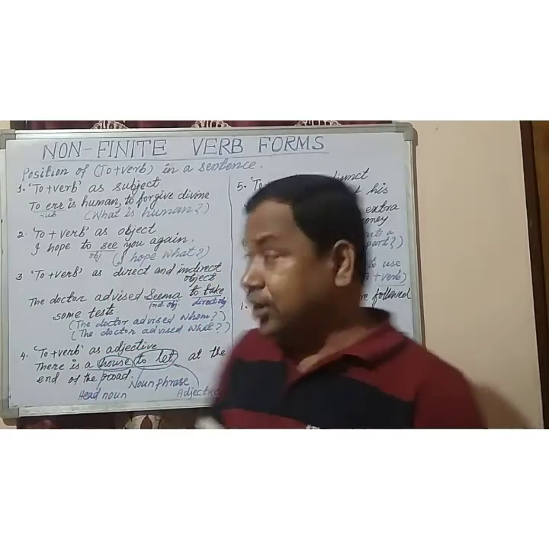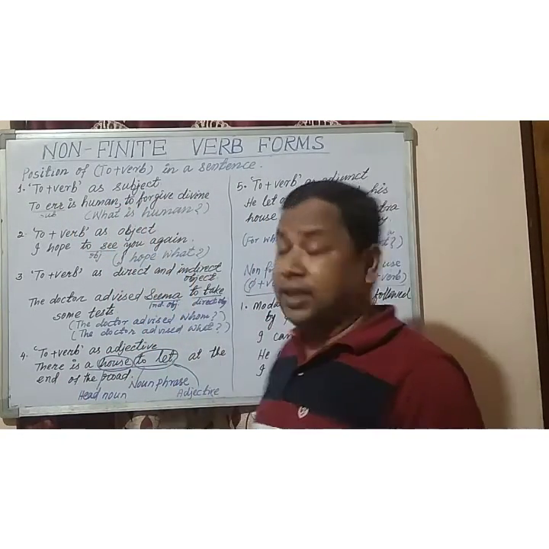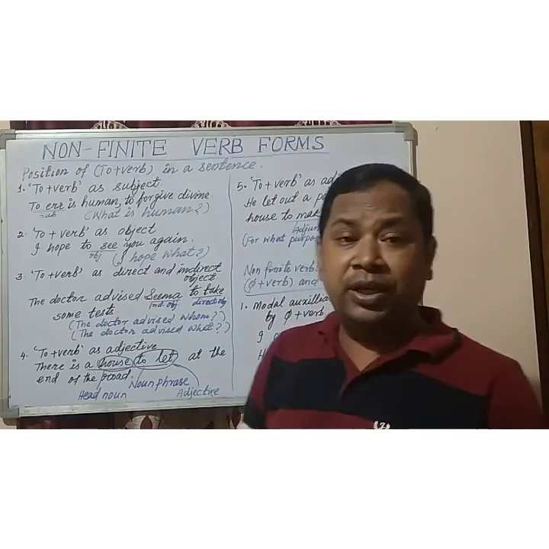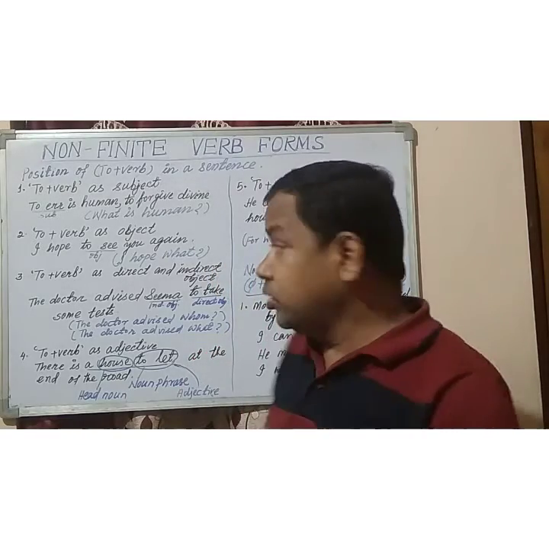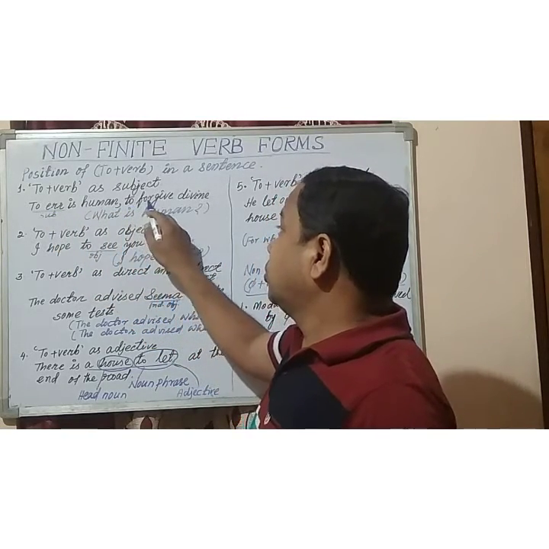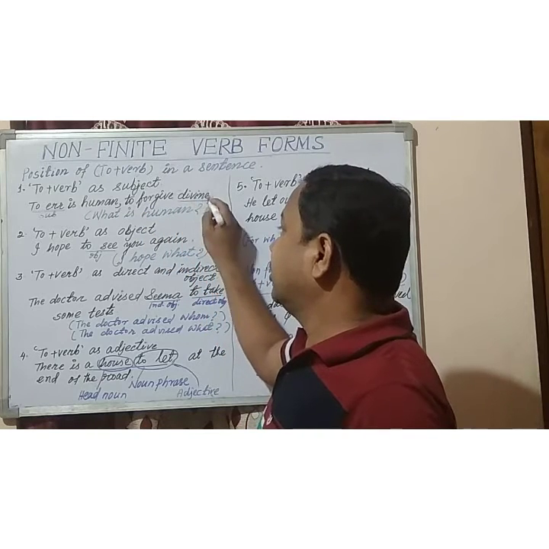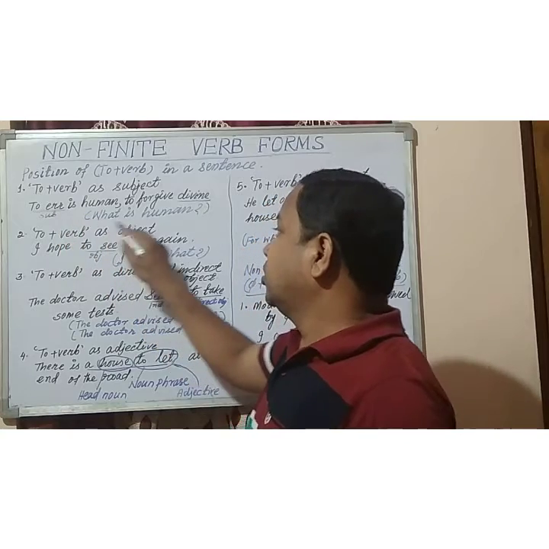See the first one: to plus verb as subject. That means in a sentence we can use to plus verb as subject. You see this sentence: to err is human, to forgive divine. To err is the subject here.